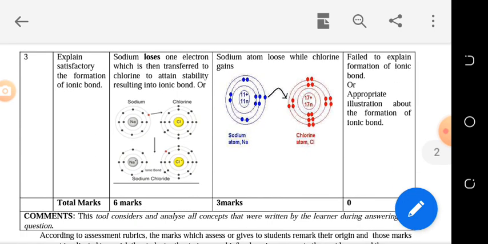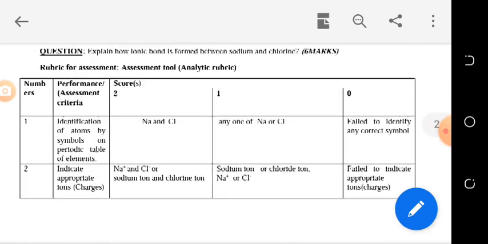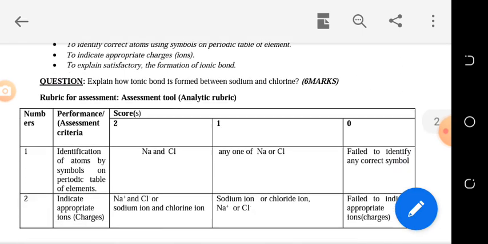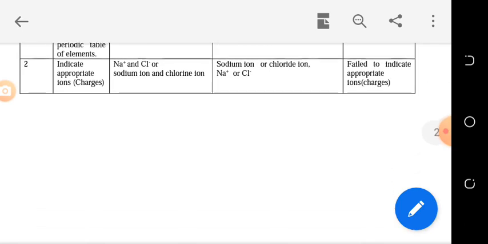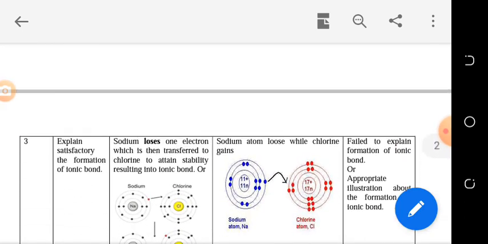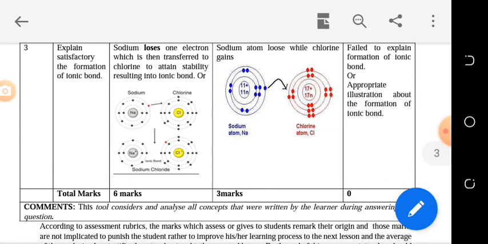So now, when a student has given the full explanations and has attained all the specific objectives, that student automatically will get full marks, 6 marks for this question. But if he has given half the information, will get 3 marks. And if he fails to give the correct information, will get 0.